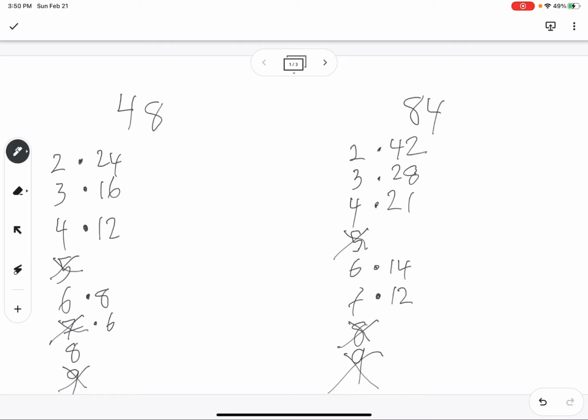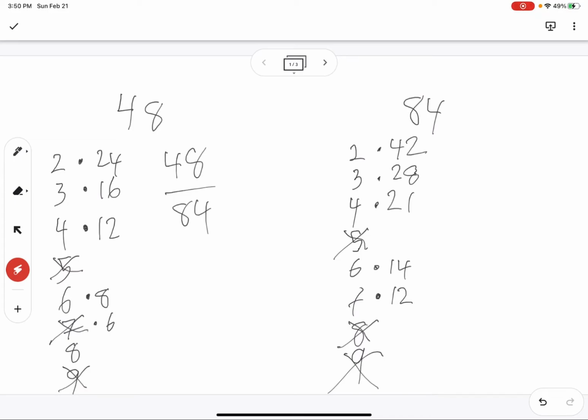So now that we've grabbed all these factors for these two numbers, you might be asking, how does this help me? Why do I need to know this? Well, let's pretend that we're given a fraction of 48 84ths. These are big numbers, so it might be hard to understand what this represents.